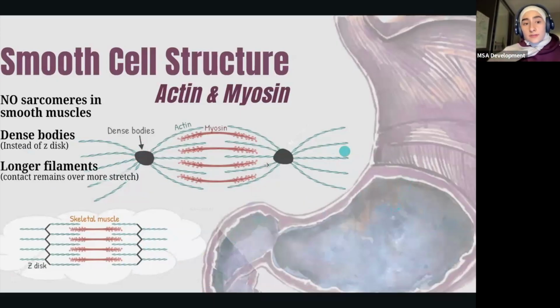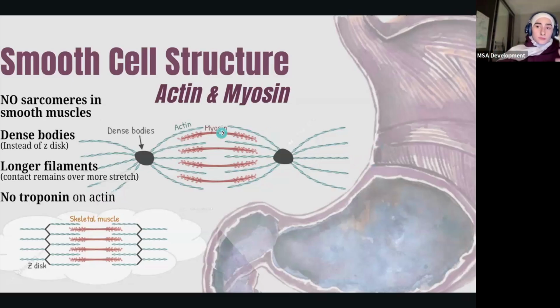We also have longer filaments, and that means, if you remember in our cardiac lecture, we talked about how the more you stretch the cell, the less it can actively contract. But because we have longer filaments in our smooth muscle, you are able to stretch them for a big distance before you actually lose this contact. And lastly, we do not have troponin on our smooth muscle actin.